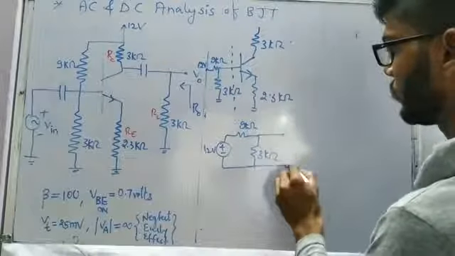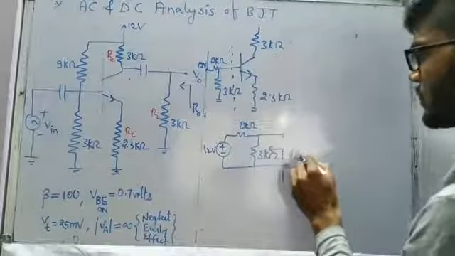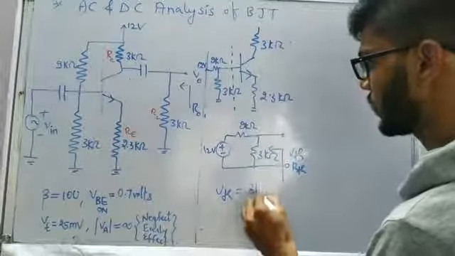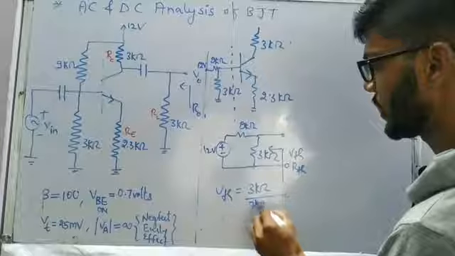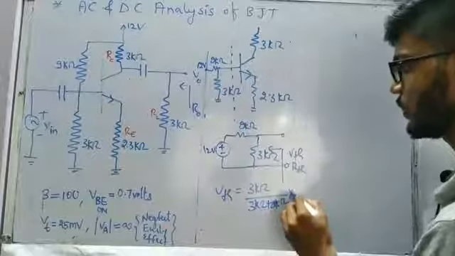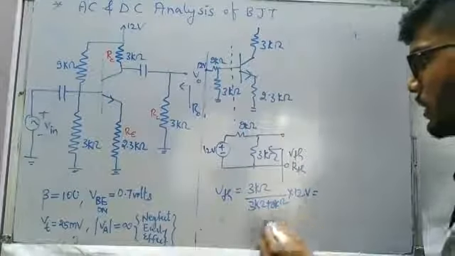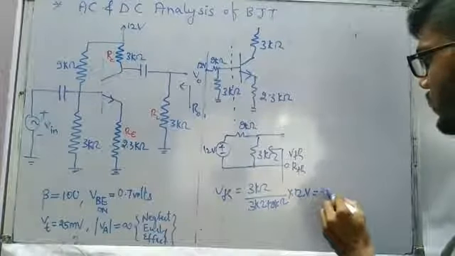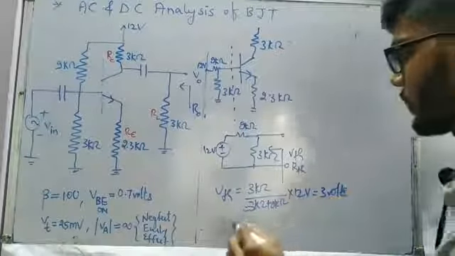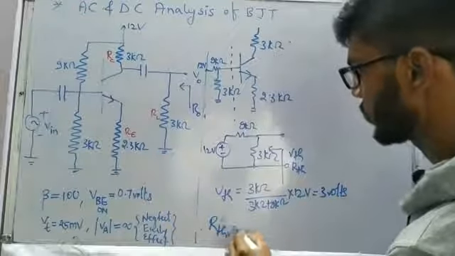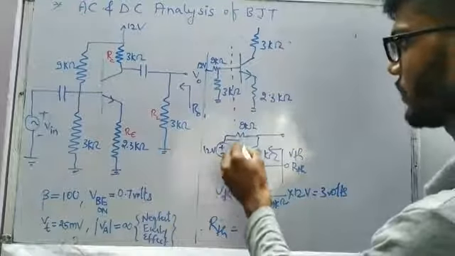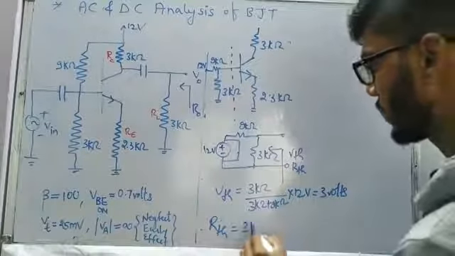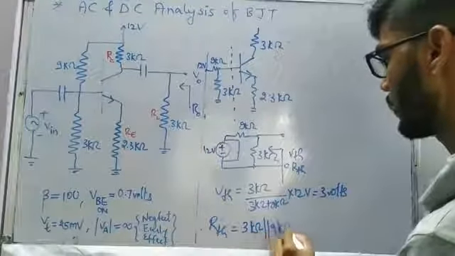So we have to calculate VTH and RTH. VTH, using voltage division, will be 3 kilo ohm divided by 3 kilo ohm plus 9 kilo ohm, into 12 volts. So this will come as 3 by 12, 1 by 4, the 12 gets cancelled, so 3 volt. And RTH: we have to short circuit the voltage source, and this will come as 3k parallel 9k.